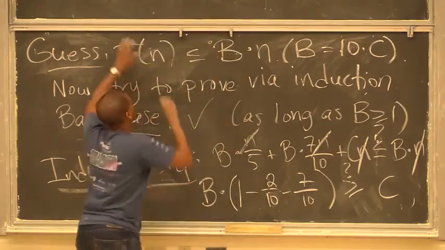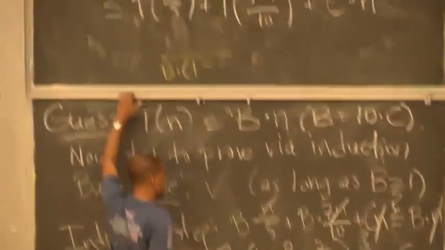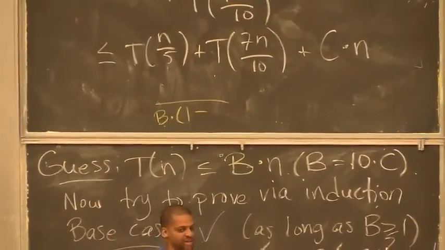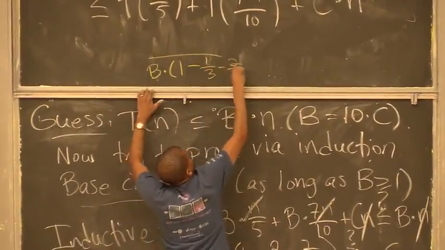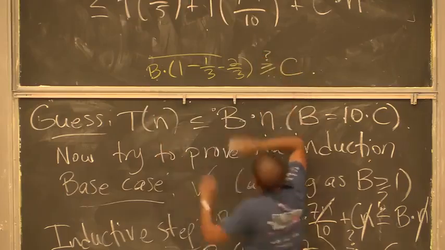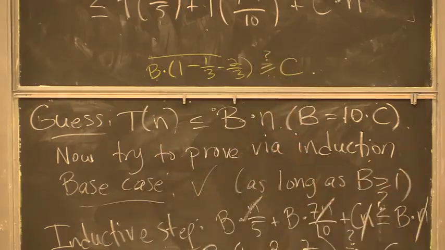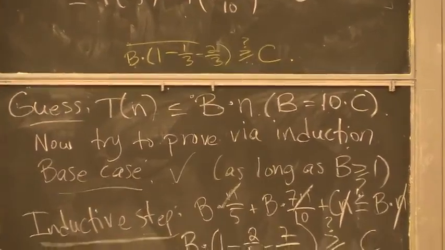You're going to want that b times 1 minus, this 1/5 becomes 1/3, 1/3 minus 2/3, to be at least c. Okay, there's nothing you can do. This is saying c is non-positive. You can't make c negative.